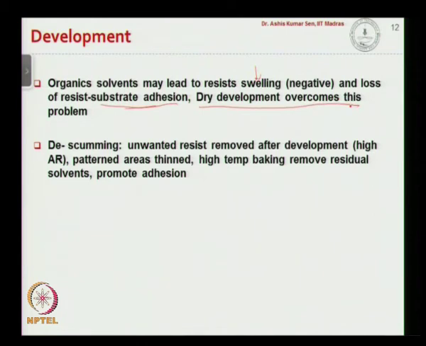Now there could be a problem while developing, which is overcome by what is called descumming. Descumming is the process of removal of unwanted photoresist after development. And this happens especially for large aspect ratio structures where the thickness of the photoresist is high, or the height of the, let us say, groove is very high as compared to the lateral direction.